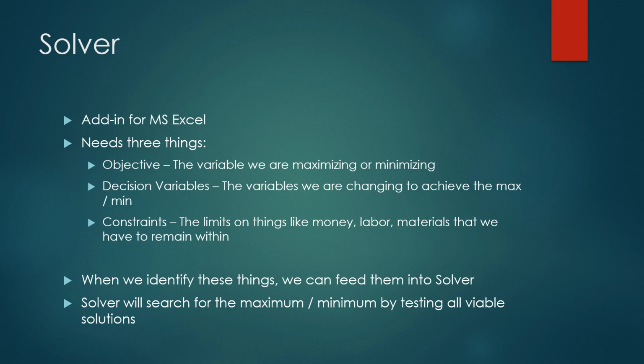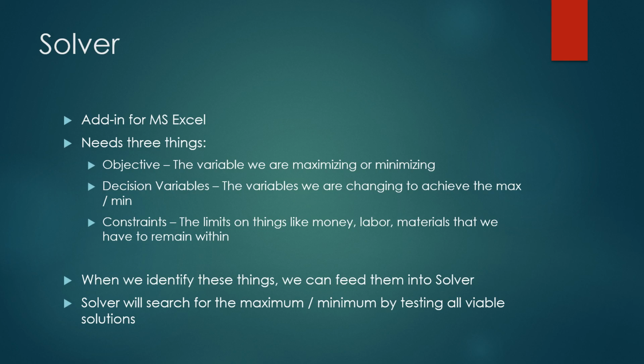It needs three things. In our spreadsheet that we set up, we have to identify what is the objective, and the objective is basically a variable in the spreadsheet. So we'll set that up and tell the Solver algorithm what the objective is. It needs to know what our decision variables are, and those are the things that are going to change each time. What Solver really does is it goes through our scenario that we feed it, and it puts new sets of numbers in over and over again until it finds the set of numbers that yields either the maximized profit or the minimized cost.